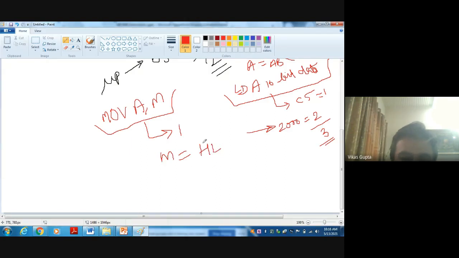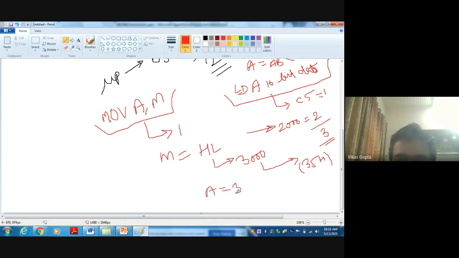M represents the HL pair, and the HL pair always contains some memory location. Let's say 3000 is the memory location in the HL pair, and on this memory location 3000, let's say the data is 35H. So this instruction moves the data 35H into the accumulator.